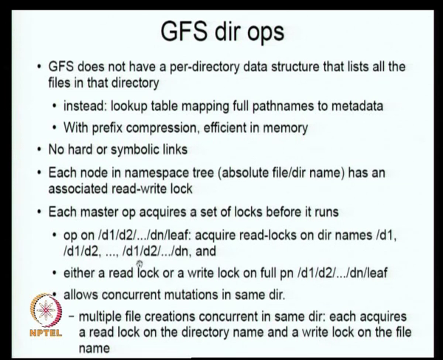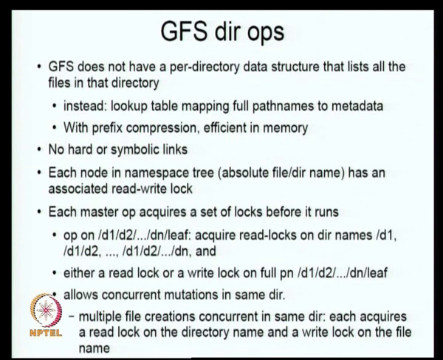Notice that in the case of a regular file system, each party has to take a lock on the directory, because they are going to add something to it. If you are doing a create, for example, you are going to add something to a directory. To add to the directory, it has to be exclusively written.